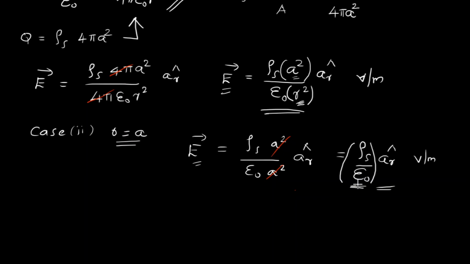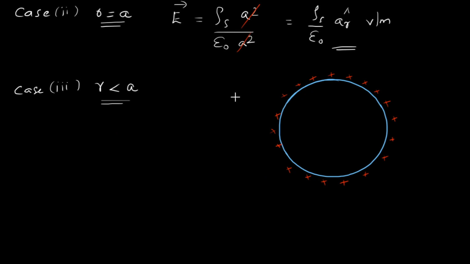Why am I saying that? Because let us check case 3 also, when the point P is inside the spherical shell. Consider the same spherical shell of charge, but the only difference now is that my Gaussian sphere radius is going to be less than the radius of the actual spherical shell, because my point P is going to be inside the spherical shell.